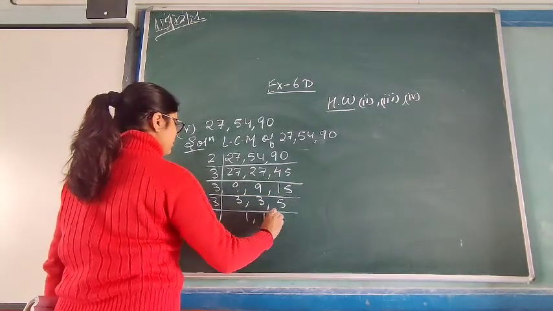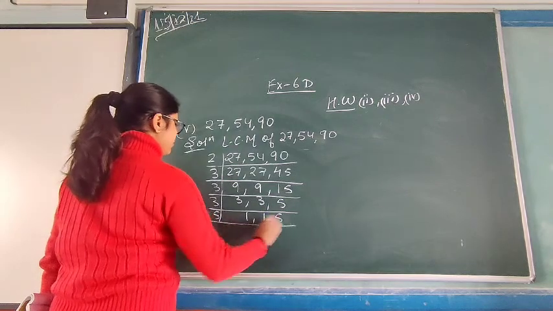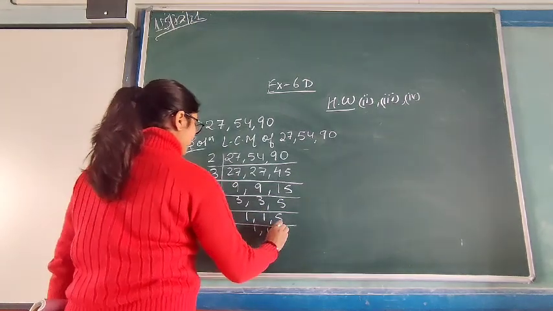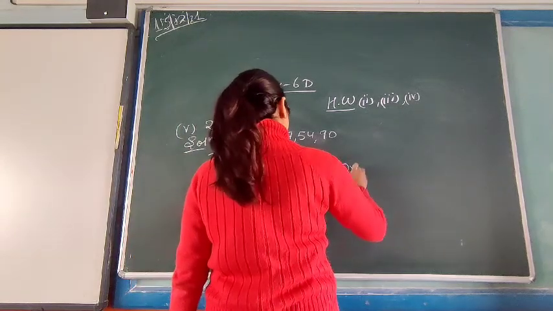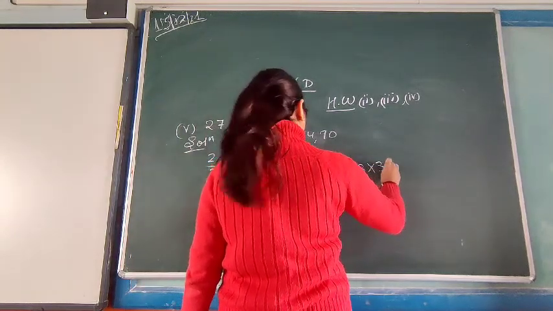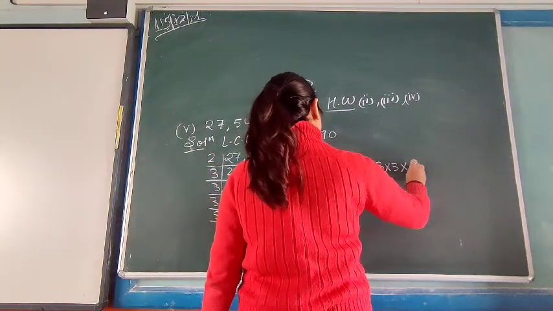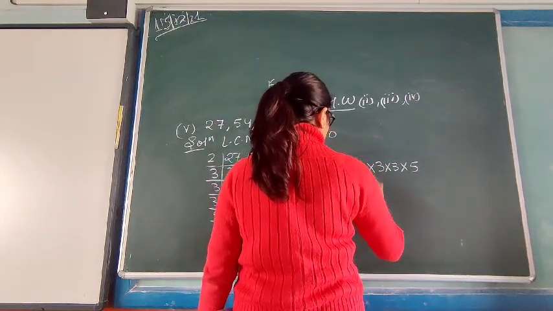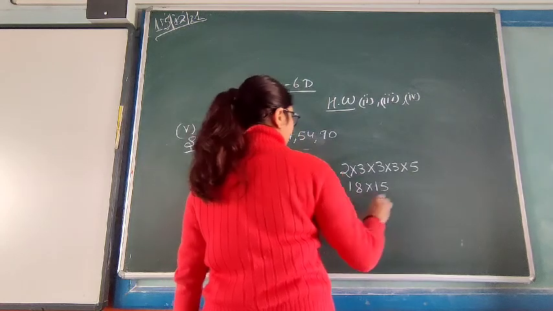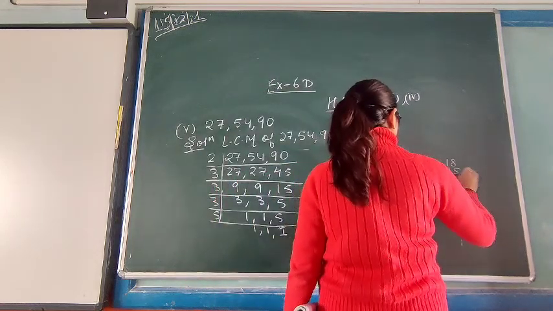The ones are 3 and 5. So LCM will be 2 into 3 into 3 into 3 into 5. 18 into 15.